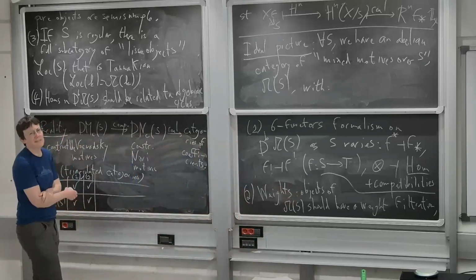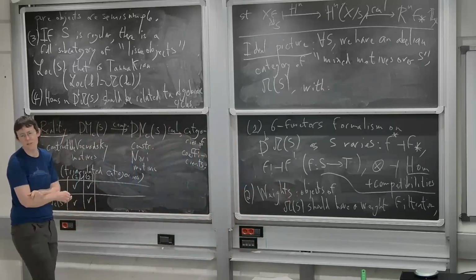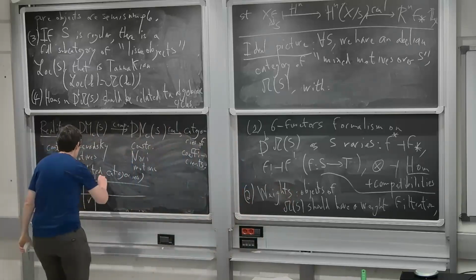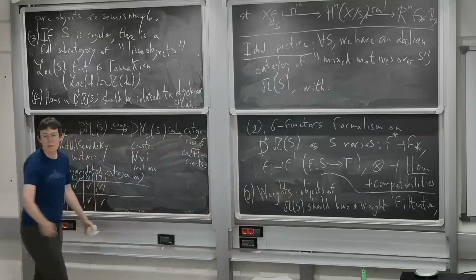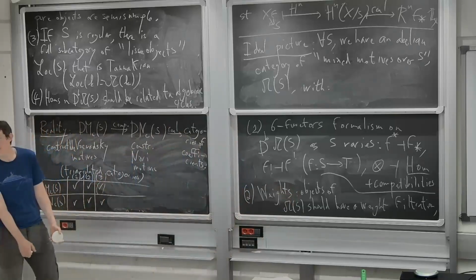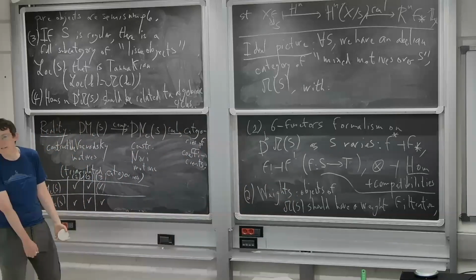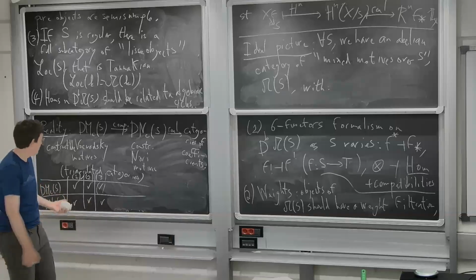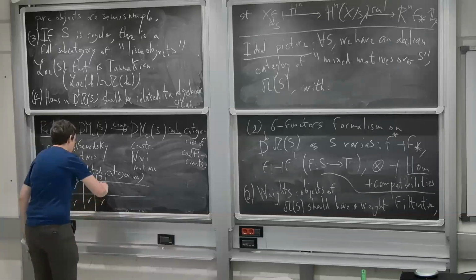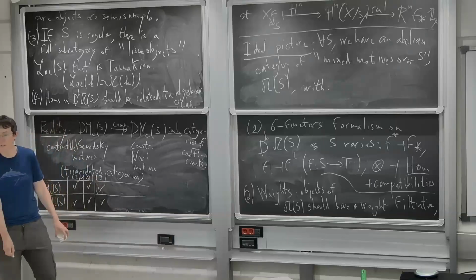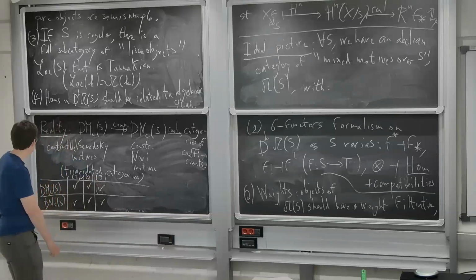Then there is a nice category of these objects, for which we have rational motives. I'm rational during the whole talk, everything is rational, I will not say it.